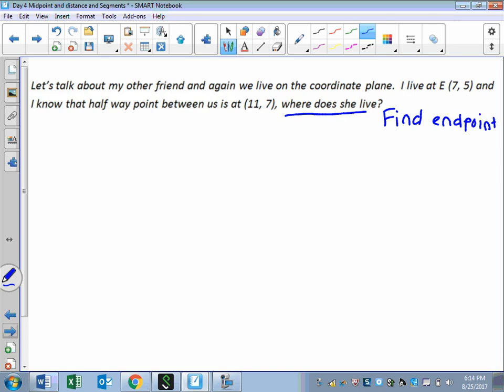But we can use simple arithmetic and algebra to figure out how to find the endpoint since we know the midpoint formula, right? We know that (x1 + x2) divided by 2 equals the midpoint of x. So what do we know?